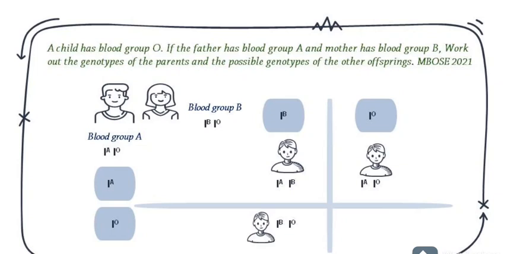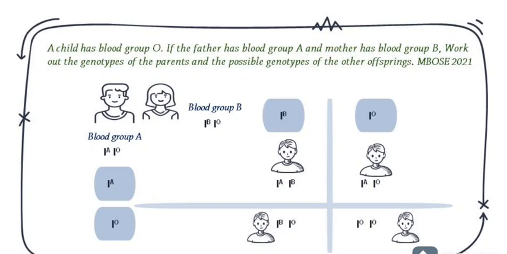If the child receives IB from mother and IO from father, his blood type will be B. If a child receives an IO allele from each parent, then the child will have blood type O.